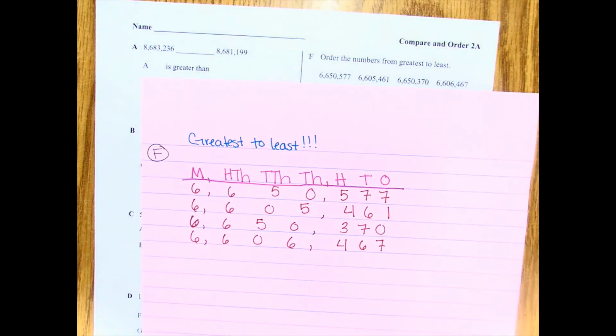So now I'm going to look at each place value. So don't forget, we are going to go to our highest place value, and our highest place values are millions. So I'm going to start off with my millions.